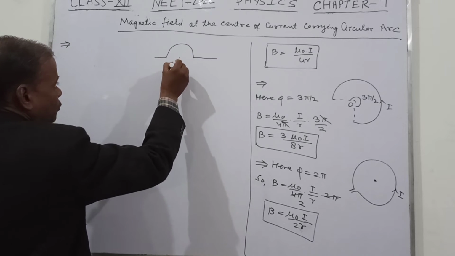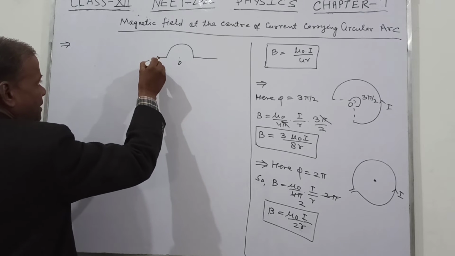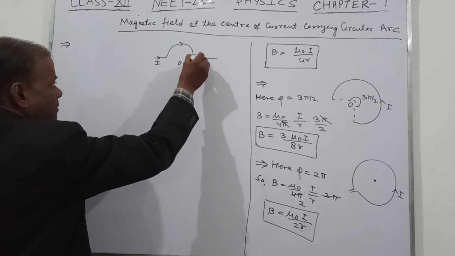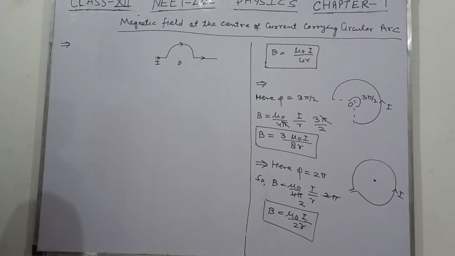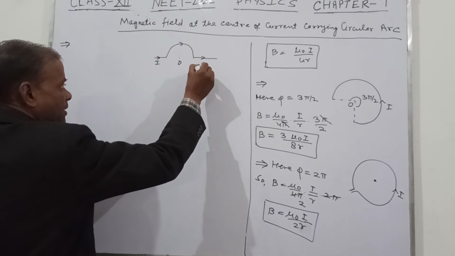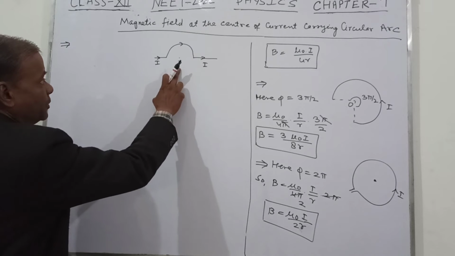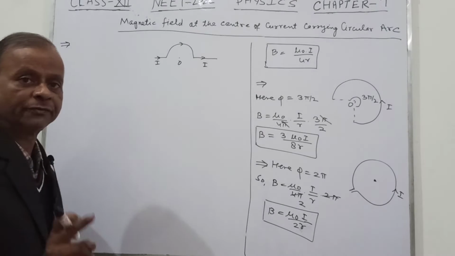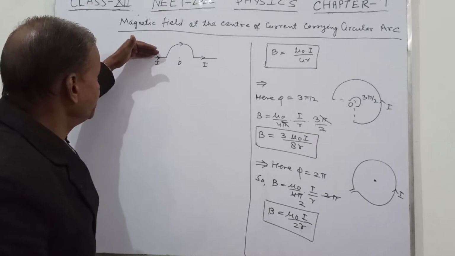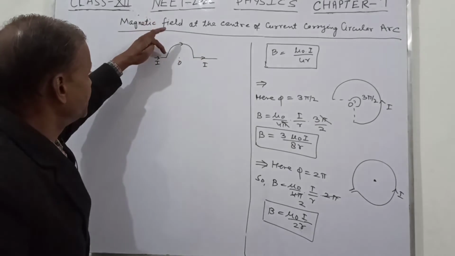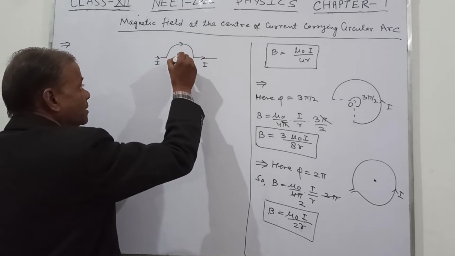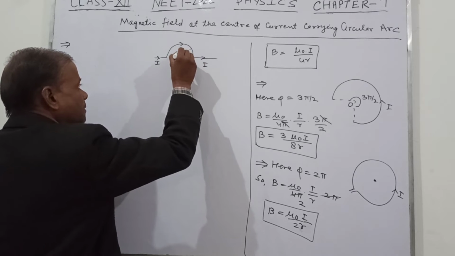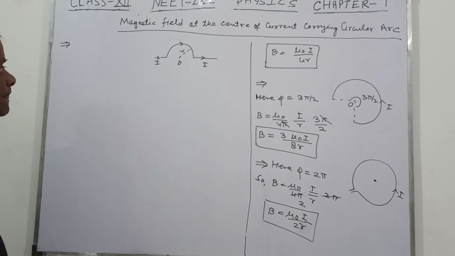This is now center O. It carries the current I. You have to find the magnetic field at this point O. This is now current I. So at the point O, the magnetic field will be because of two parts. One the straight part, this one, and second this circular part. So this circular part has the radius R.